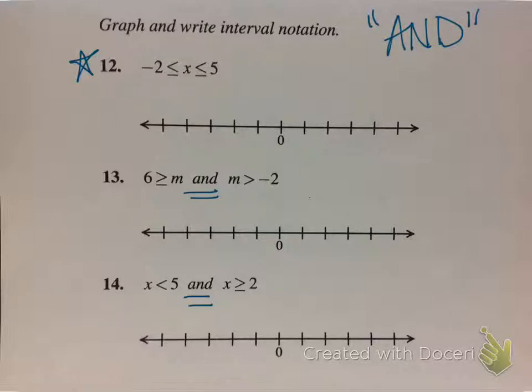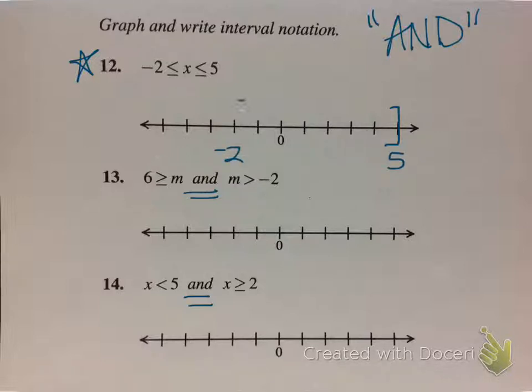So if I'm going to graph this, I'm going to have brackets at -2 and at 5. I need to be less than or equal to 5, so 1, 2, 3, 4, so this would be 5. And -2 is right here.